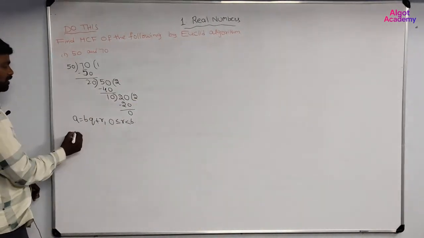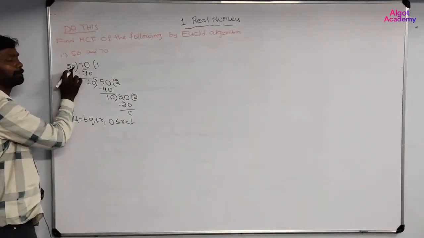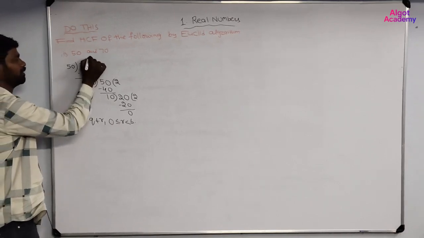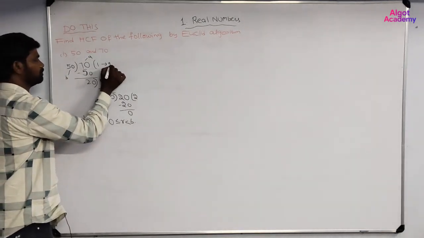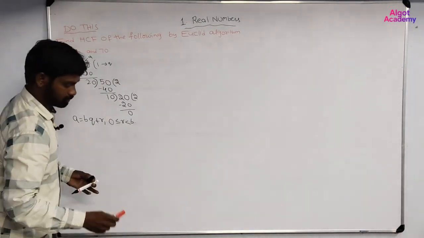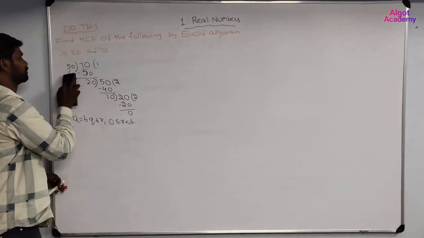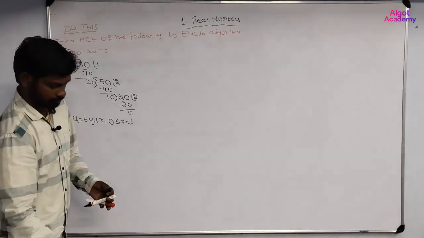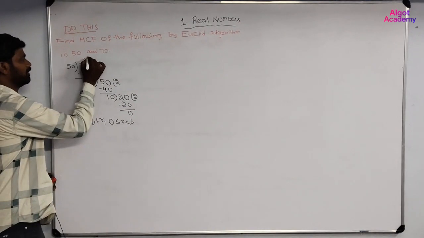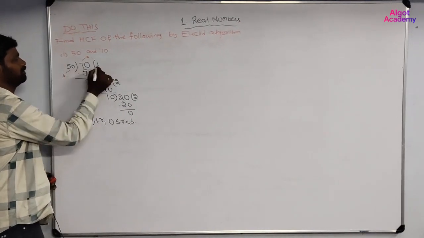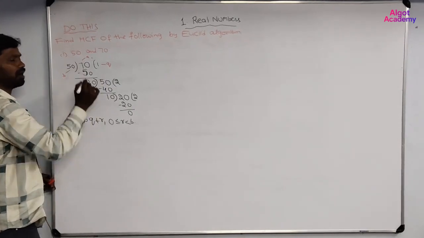So let us write in this form. 70 is a and 50 is b, and this is the quotient q and this is the remainder r.